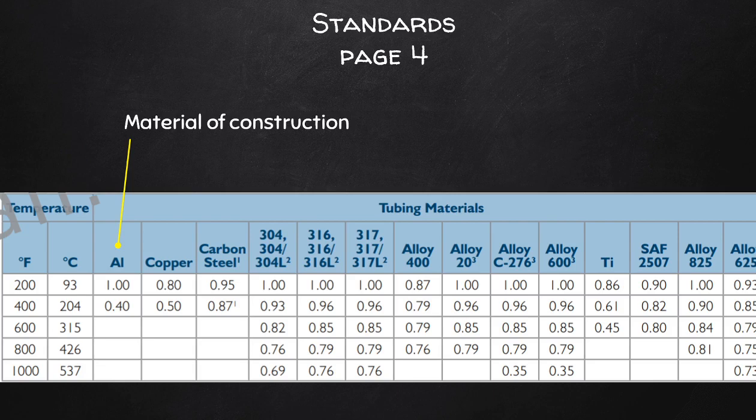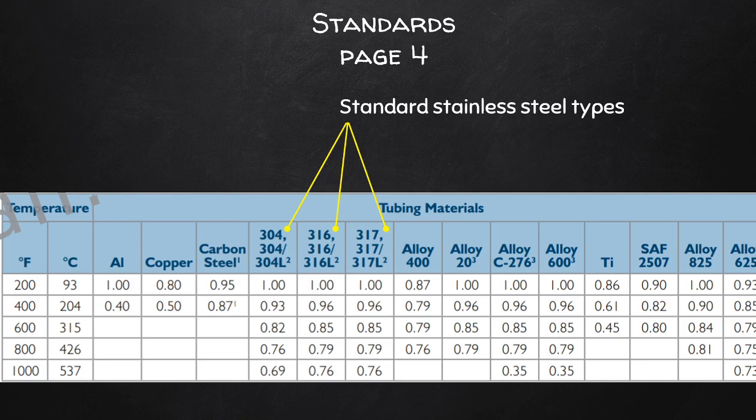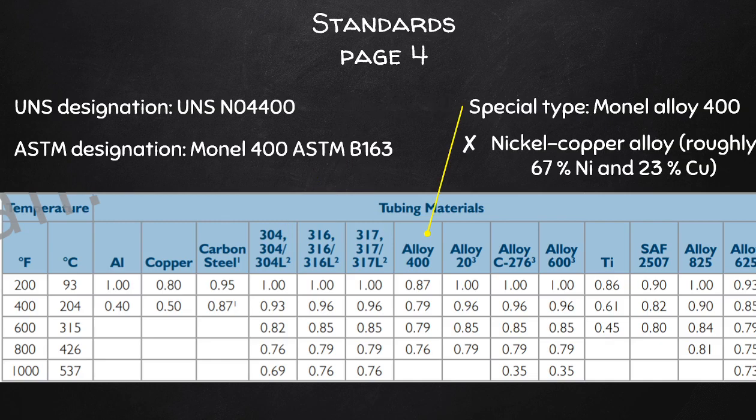Alright, materials of construction are also given to you. Oftentimes pipes would correspond to certain applications, and so you would choose a specific stainless steel pipe, 304, 316, 317, whatever. And you would also have a corresponding UNS or ASTM designation.